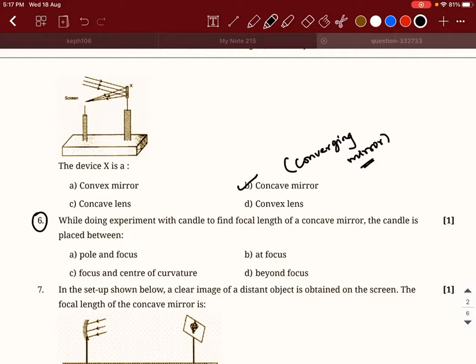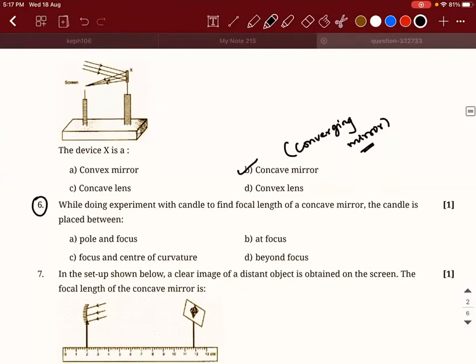So let's say you're doing an experiment with a candle to find the focal length of a concave mirror. Where should you place the candle? I know it's a slightly tougher question. Generally, the candle should be placed between the focus and center of curvature. That's right.